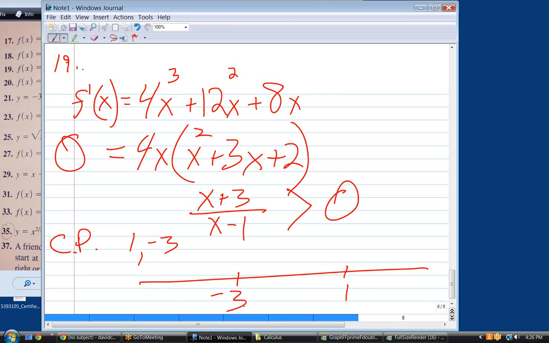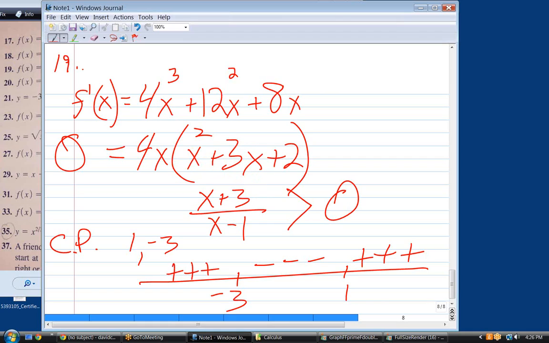I do exactly the same thing. If I'm at negative 4, I get negative divided by negative, which is positive. If I'm at 0, I get negative. If I'm at 2, I get positive over positive. In other words, you can use these line charts whether you have a product of two linear factors or a quotient of two linear factors.